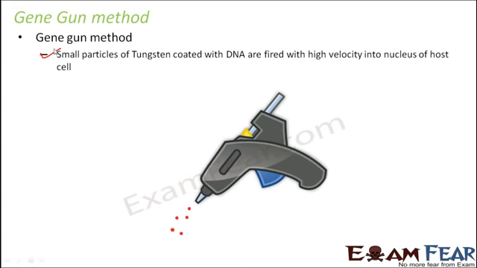Without any barrier of the cell membrane, its hydrophilic or hydrophobic nature, due to the high velocity at which these particles are fired, it gets into the nucleus. This process is also termed biolistics. So biolistics is nothing but the gene gun method. This is one way by which the recombinant DNA can be introduced into the nucleus of the host cell.